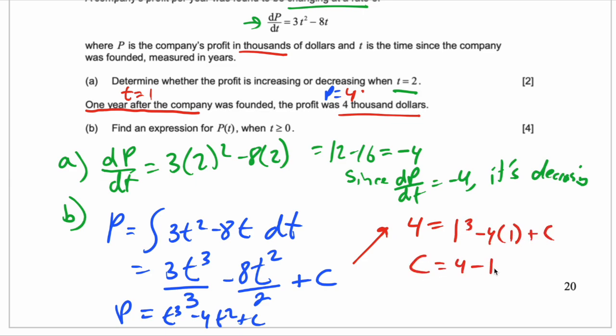So c equals 4 minus 1 plus 4. So c equals 7. Okay, so the profit equation is t cubed minus 4t squared plus 7. Yes, this was squared over here, but it's still the same thing.